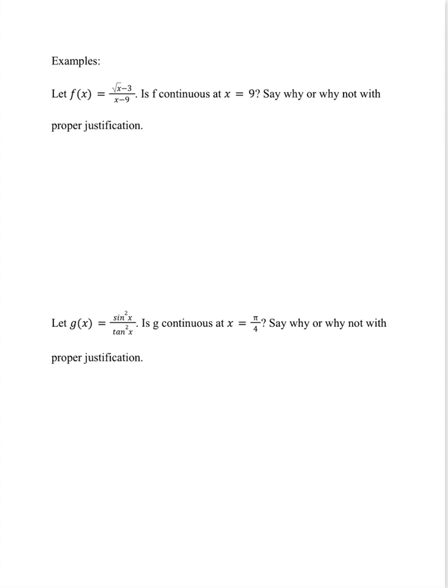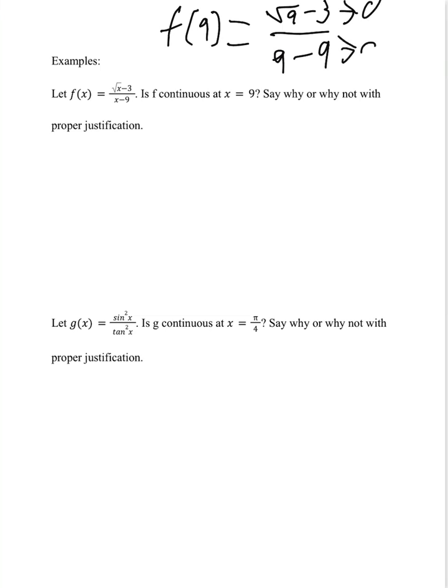So we're going to plug in 9 right away. So f of 9 equals the square root of 9 minus 3 over 9 minus 9. And then that's 0, and then that's 0. That's 0 over 0. So f of 9 does not exist.